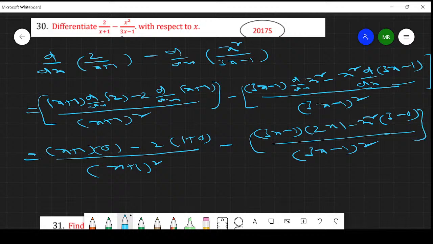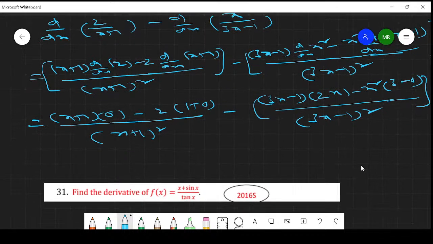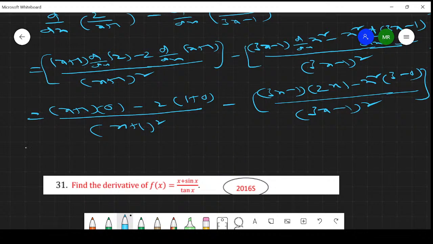Just basics. See now, when I simplify like this, the first term will be 0, this is minus 2 by x plus 1 whole square, minus this one, I can multiply. 2 into 3 into x, 6x square, minus 3x square.